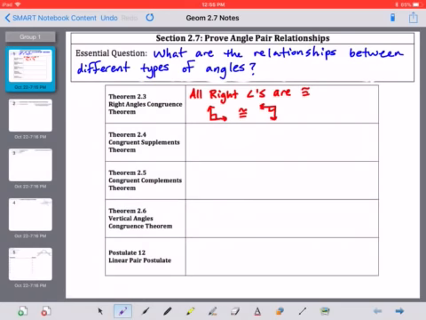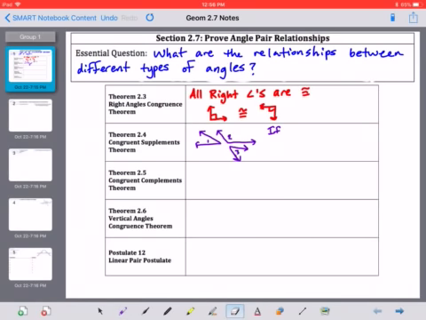The next theorem is the congruent supplements theorem. Say we've got this angle 1 here, and then we have this angle 2 here, and then down here we have angle 3.